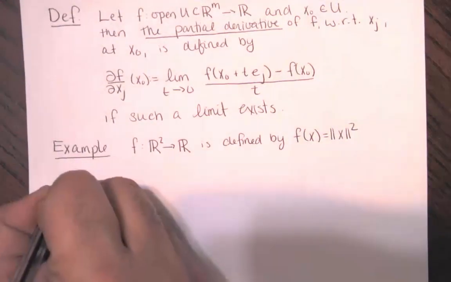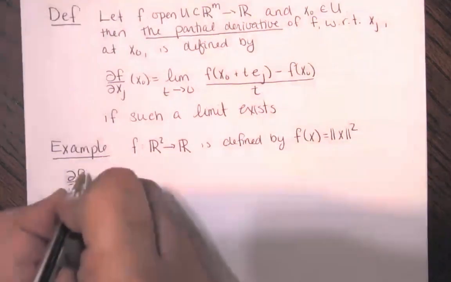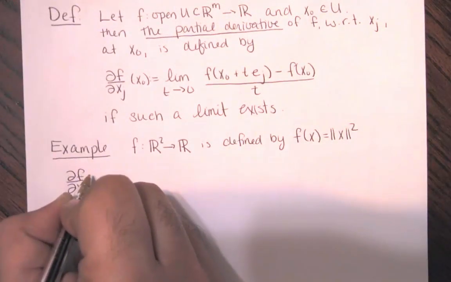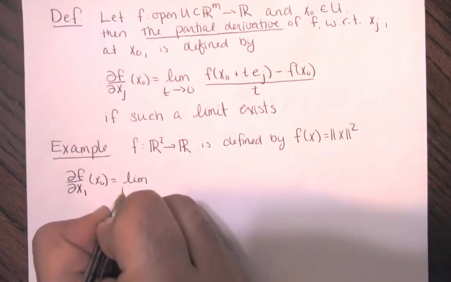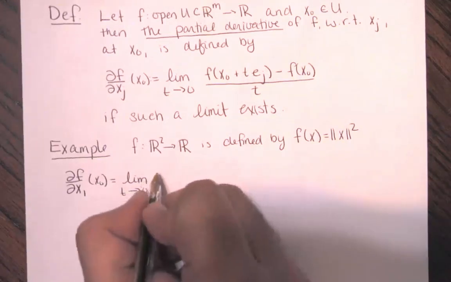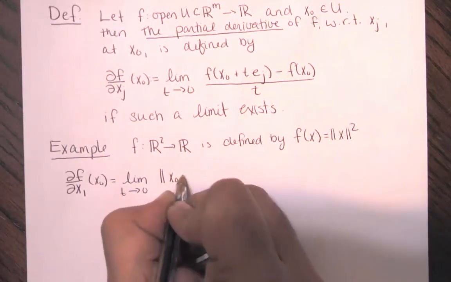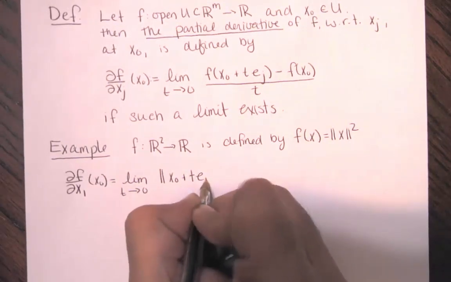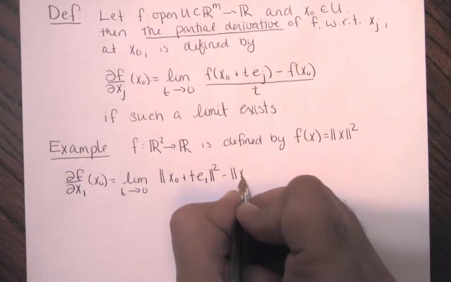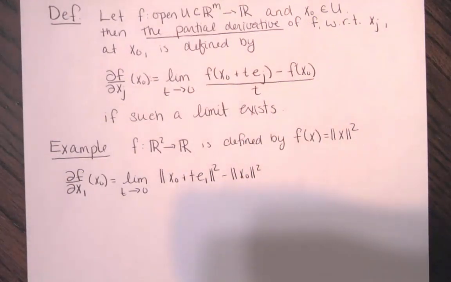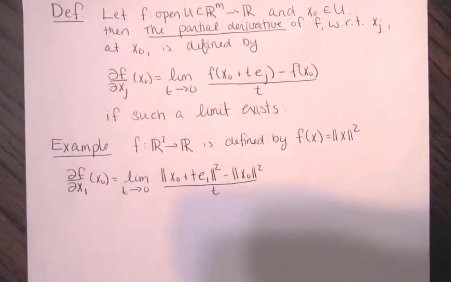Then if the first partial derivative exists at x naught, it's equal to the limit as t goes to 0 of the norm of x naught plus t e1 squared minus the norm of x naught squared, divided by t.